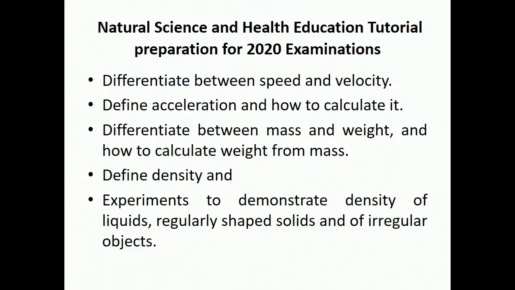Many of you students make mistakes here when you're asked to calculate total distance on the graph. You normally use distance is equal to speed divided by time, which is wrong.